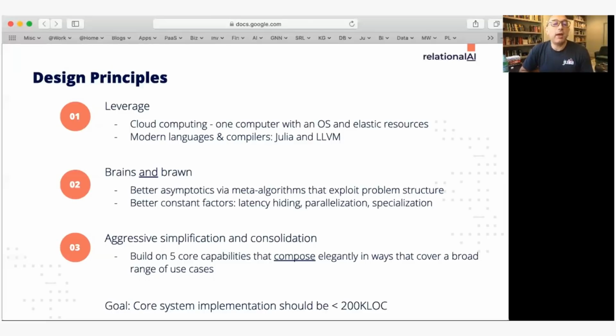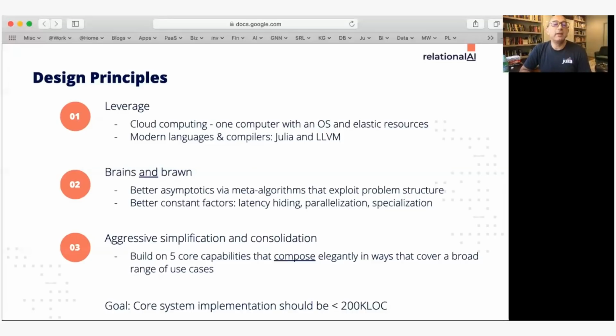We also pay attention to the constant factors, and we do latency hiding the right way in the 7-layer deep memory hierarchies that exist today: global storage, local storage, RAM, global RAM, socket RAM, NUMA node RAM, L3 cache, L2 cache, L1 cache, the registers. Managing that memory hierarchy is very important to us, and making sure that the constant factors are good, along with having strong support for automatic parallelization and specialization.